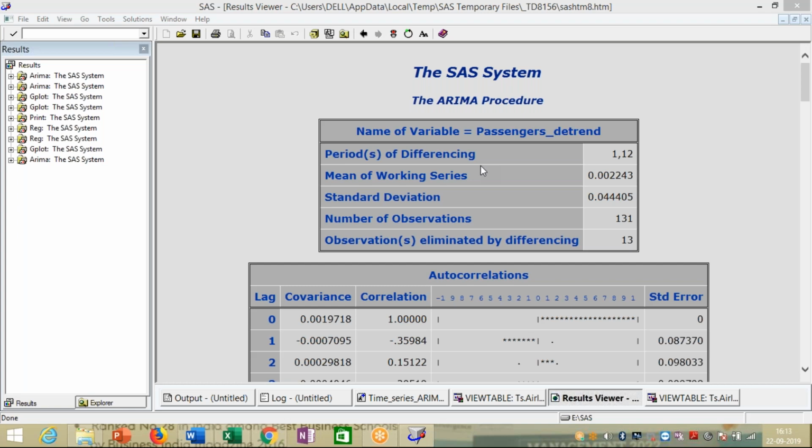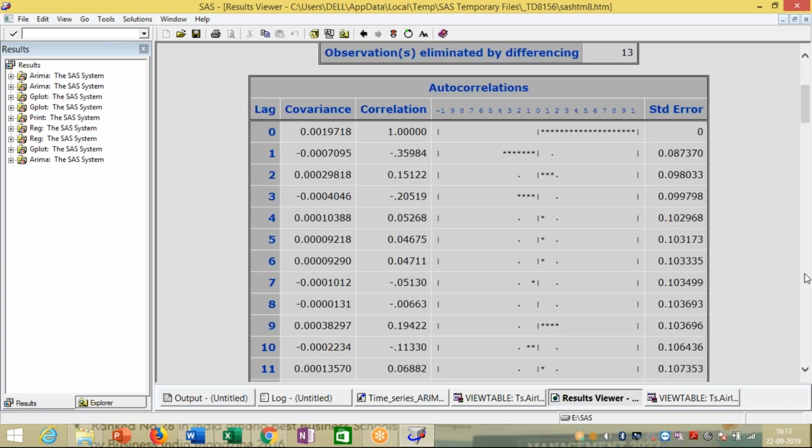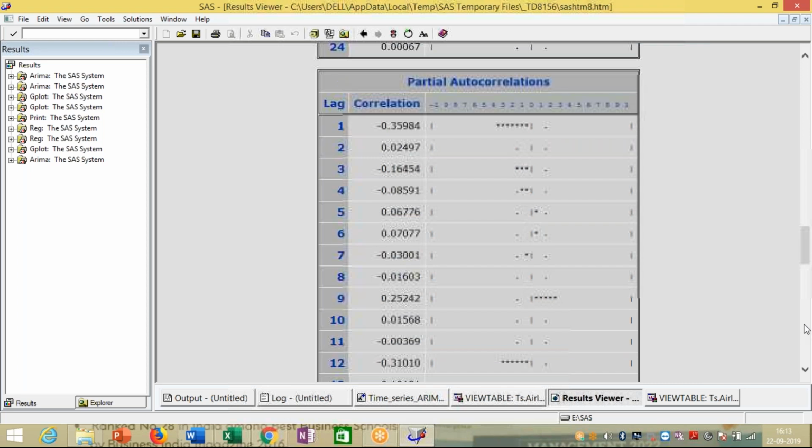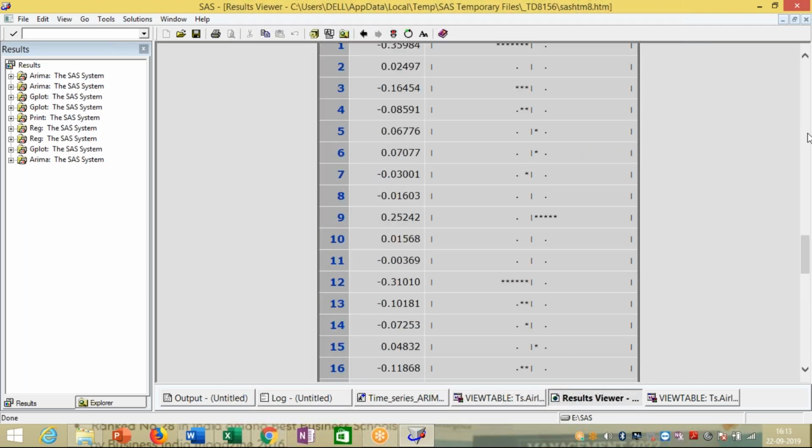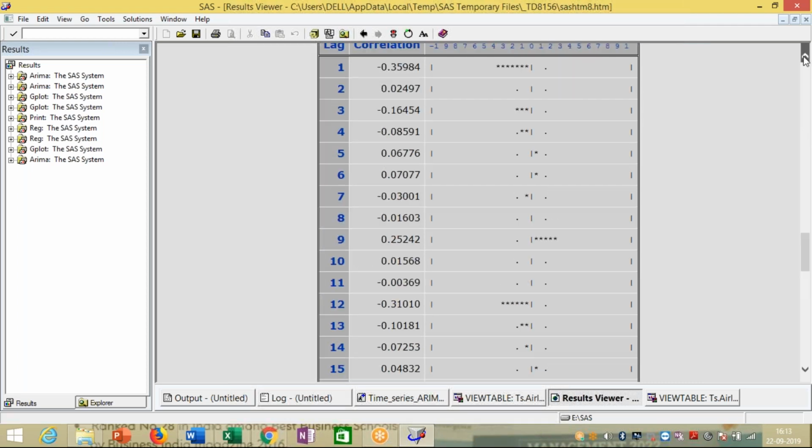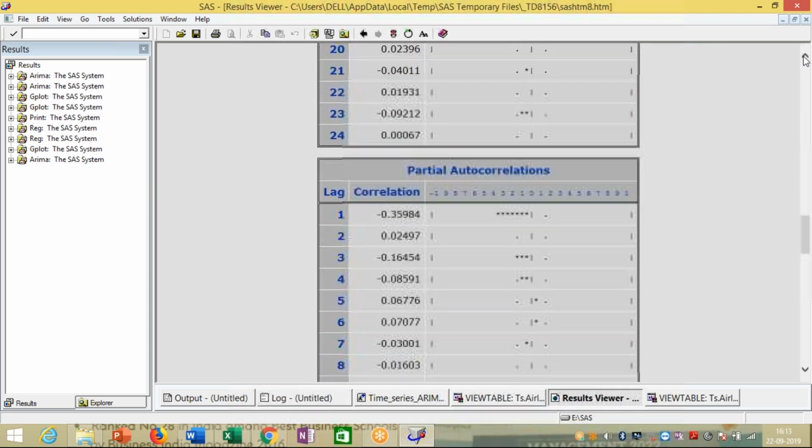So let me look into one more thing over here. We missed out on that. That is the partial autocorrelation function. Over here, what you will see is the partial autocorrelation function, right? 0.35.